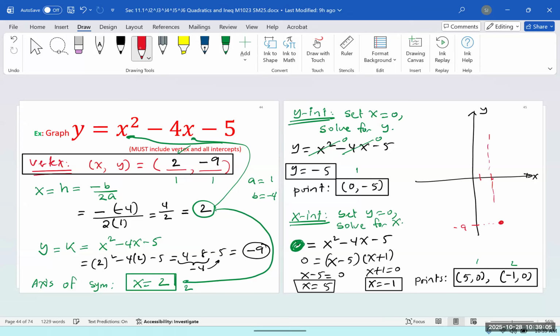So this is the axis of symmetry, x equals 2. This is the vertex. And then we have y-intercept -5. Let's say this is -5.